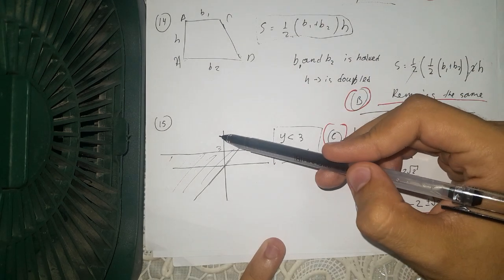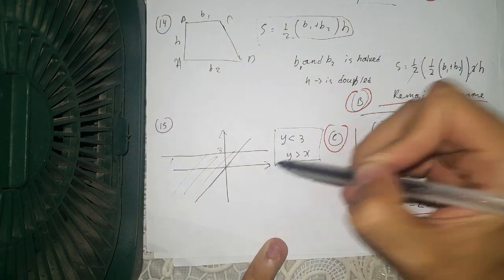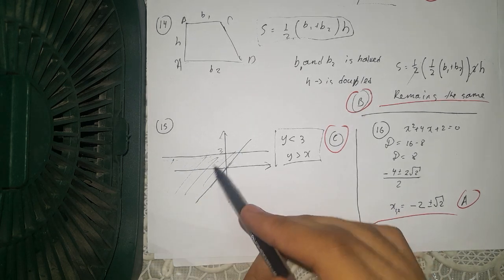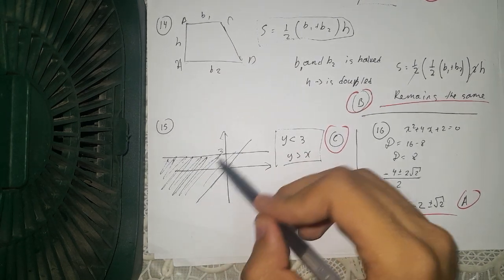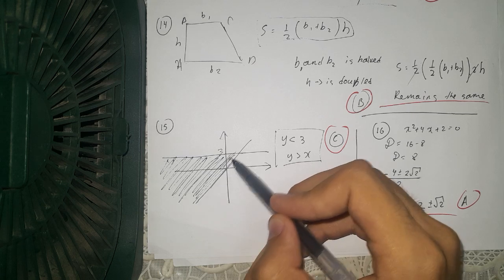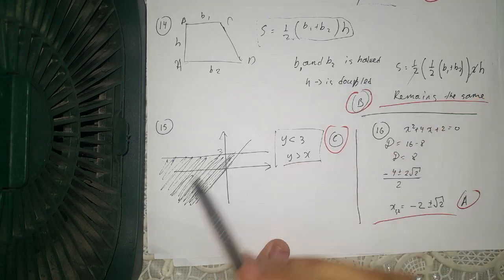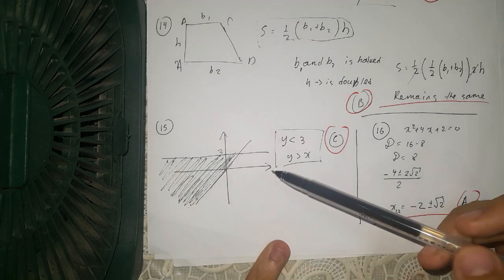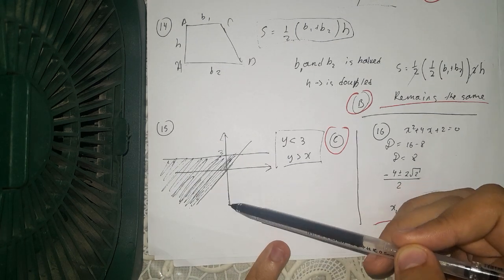15, there's a Cartesian plane x and y, and there's a 3 and this area. You know that that's y.